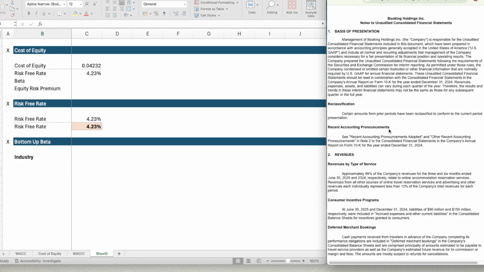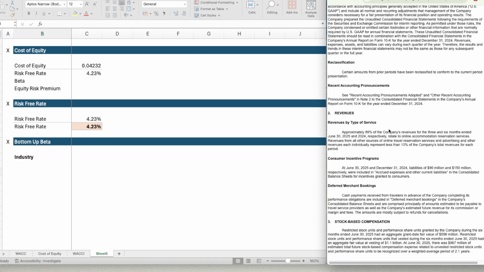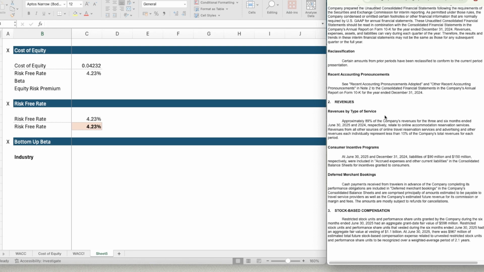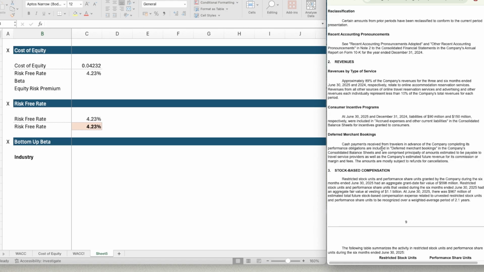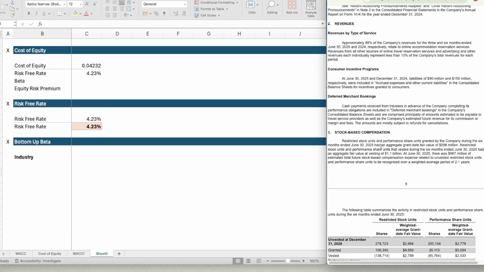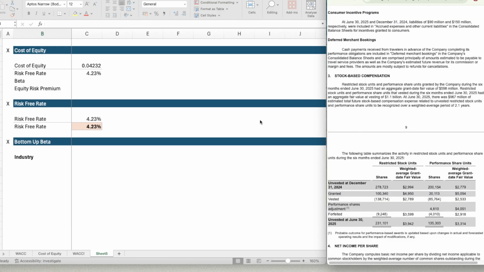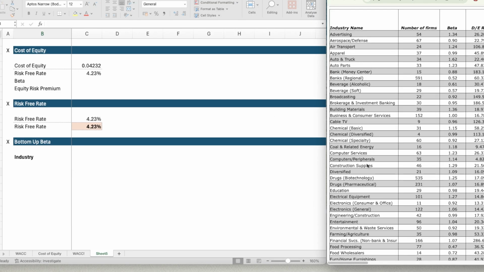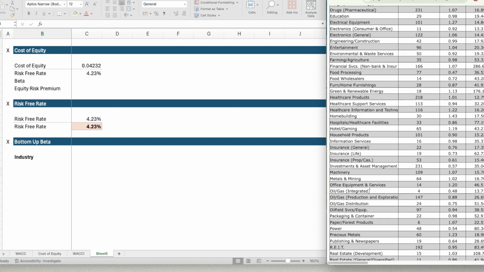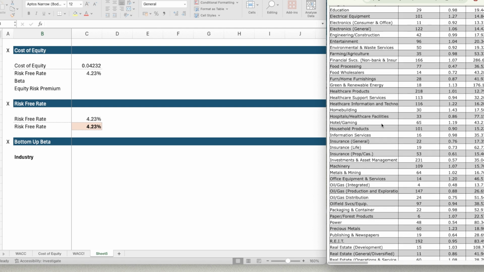If you can see here, approximately 89% of the company's revenues for the 3 and 6 months ended, respectively, relate to online accommodation reservation services. Revenues from all other sources of online travel reservation services and advertising and other revenues each individually represent less than 10% of the company's total revenues for each period. So 89% comes from the online booking for accommodation. So we'll put the first industry as hotel and gaming.